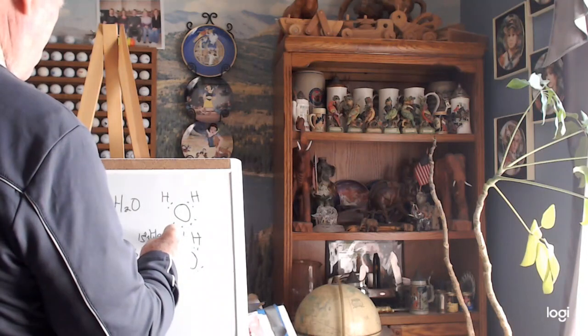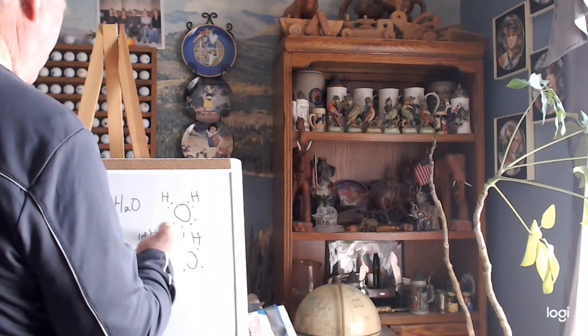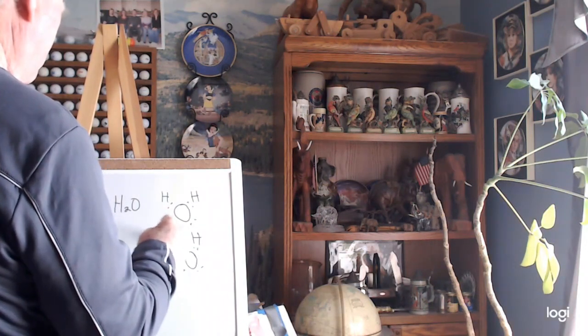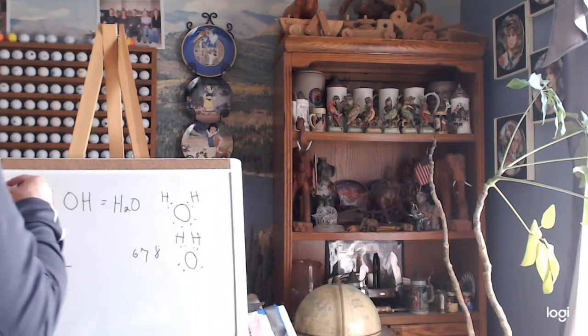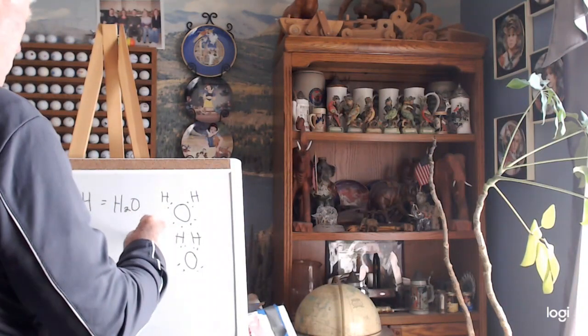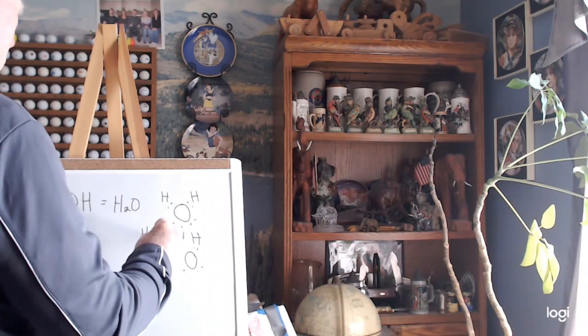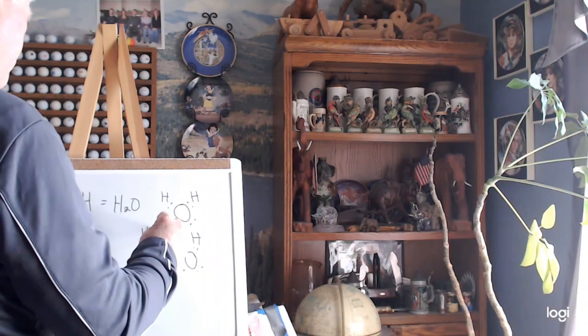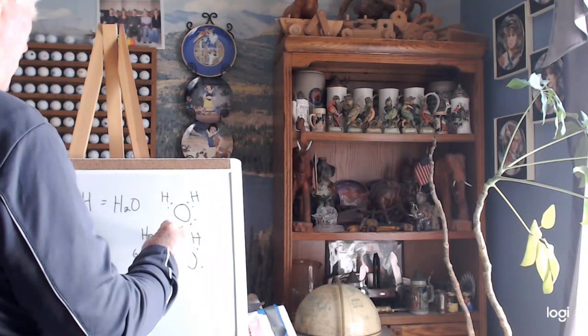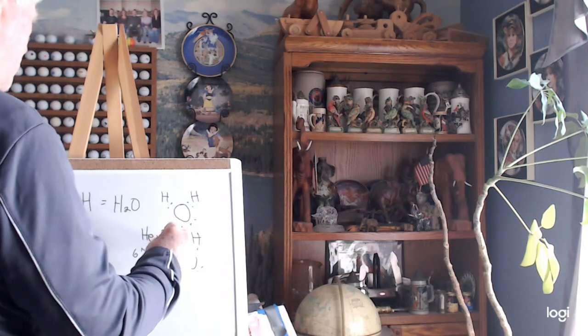And then we'll go with helium as the first of the noble gases in column 8, and it's 1s2. And if you draw it, it shows both electrons.